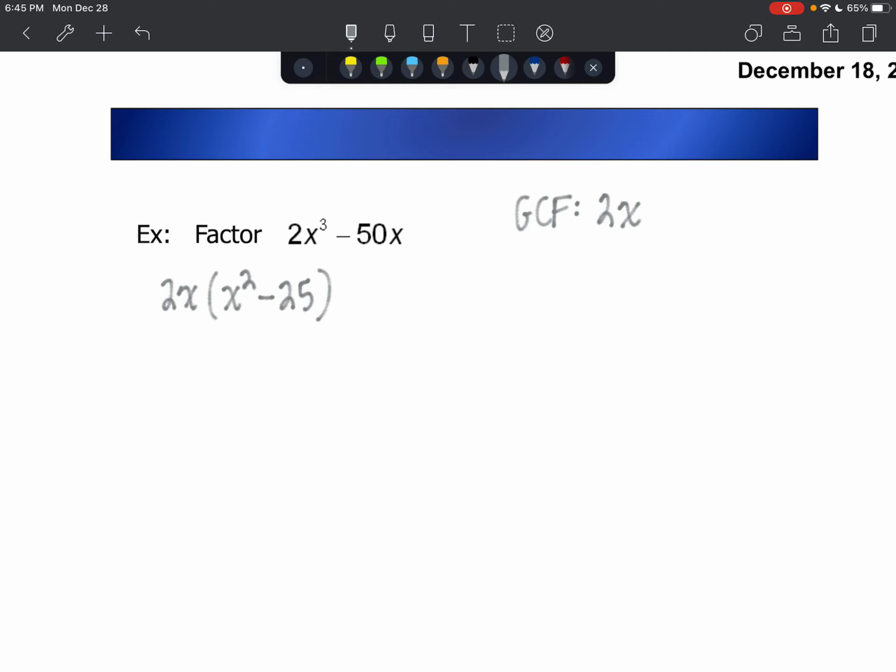And then we always check to make sure that we can't continue to factor. This is called factoring completely. So we've already factored a greatest common factor, but now we have to factor the x squared minus 25, which is x plus 5, x minus 5. So our final answer is 2x times x plus 5 times x minus 5.